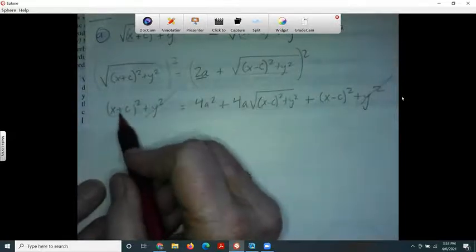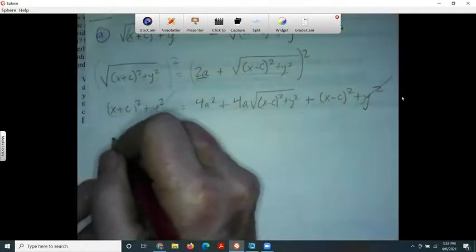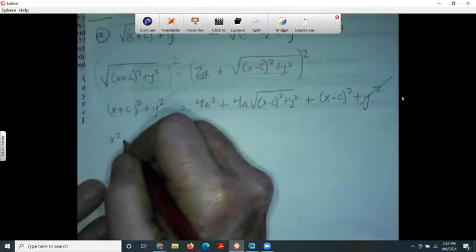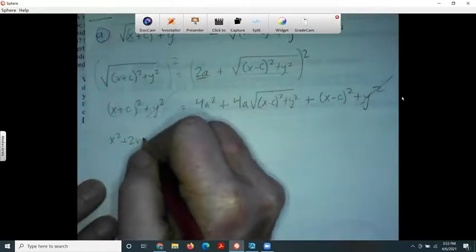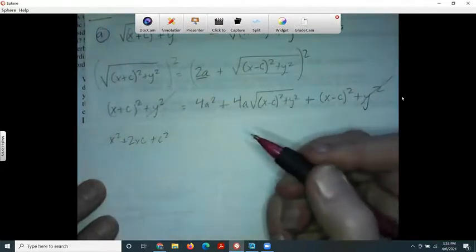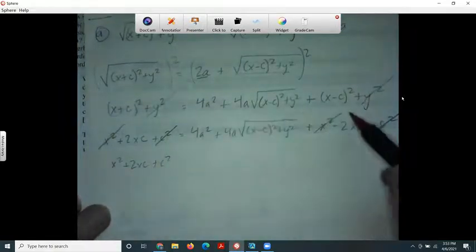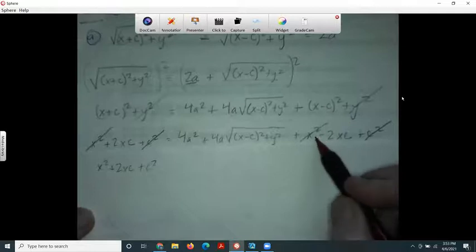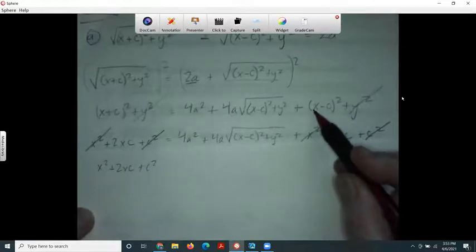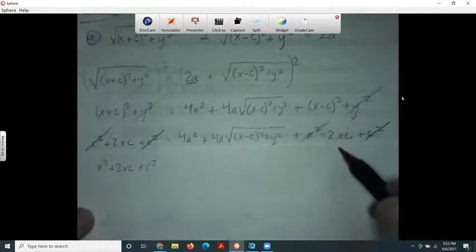I took this and squared it out. So this would be x squared plus 2 times x times c plus c squared. That's where that came from. And then this one became x squared plus 2 times x times negative c plus c squared.